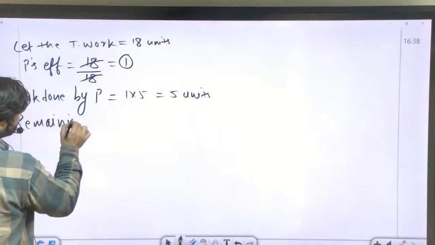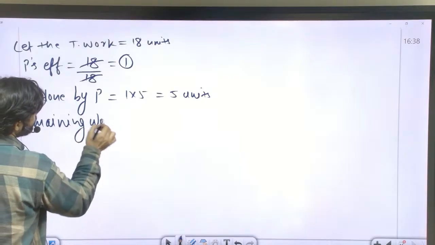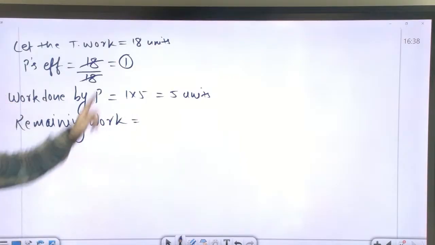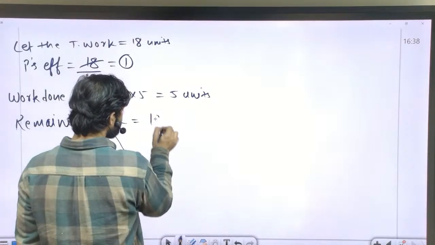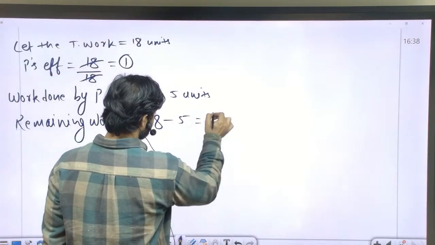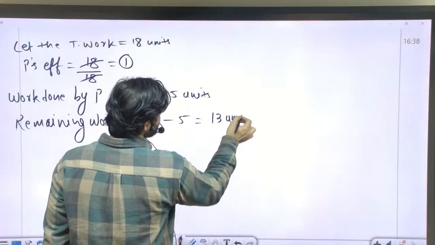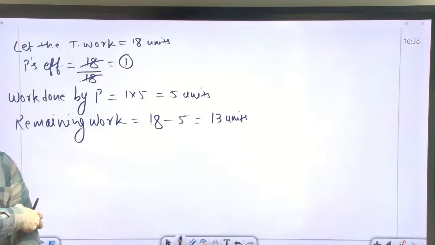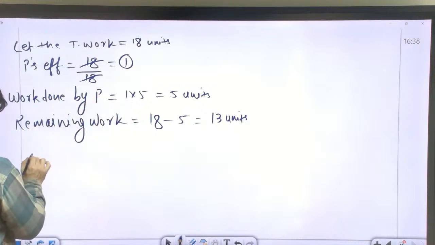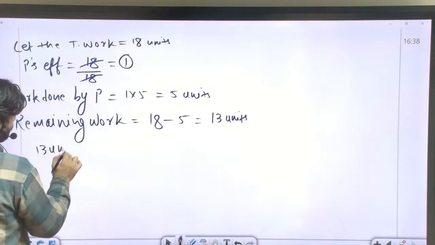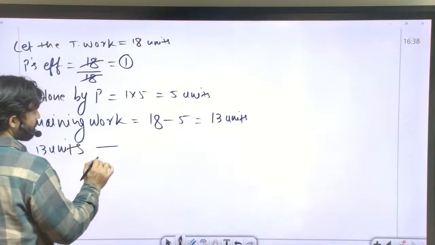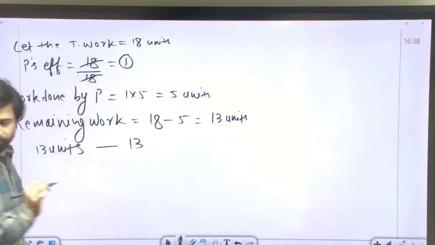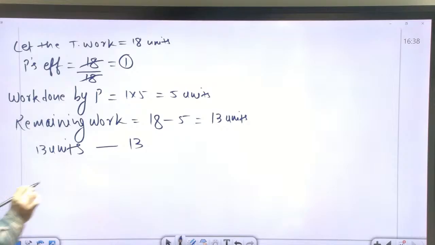Total work was 18, work done was 5, so 13 units is the remaining work. And this has to be done by P and Q together, in 13 by 5 days.